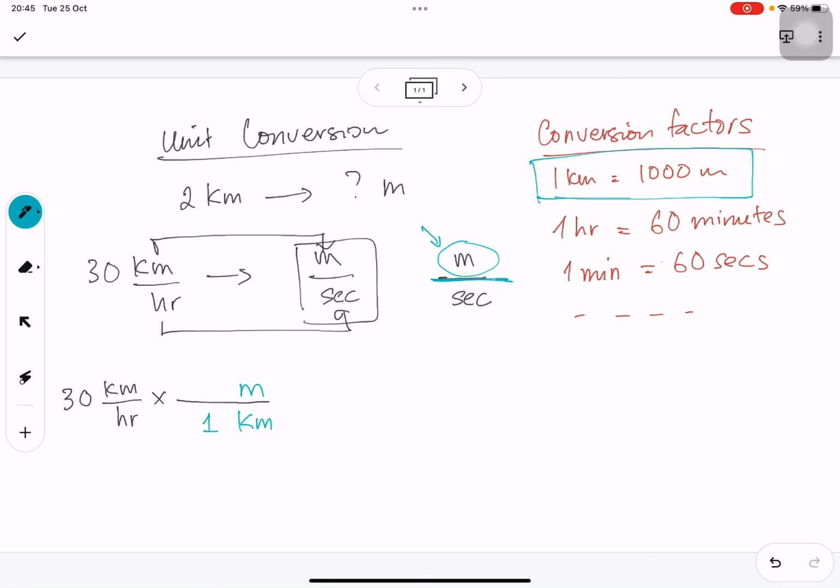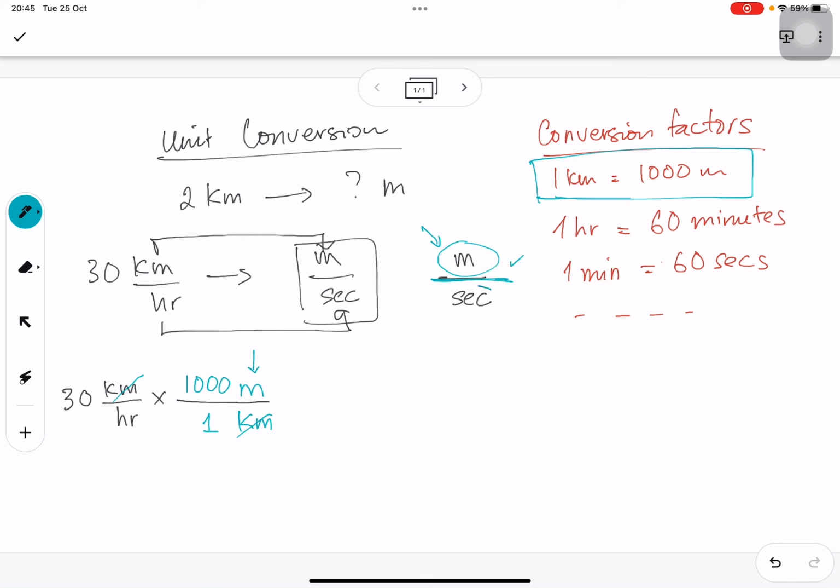So 1 kilometer goes here, I put 1,000 meters on the top, and I can cancel the kilometer unit. Now the unit that I want is meter. So I got this.